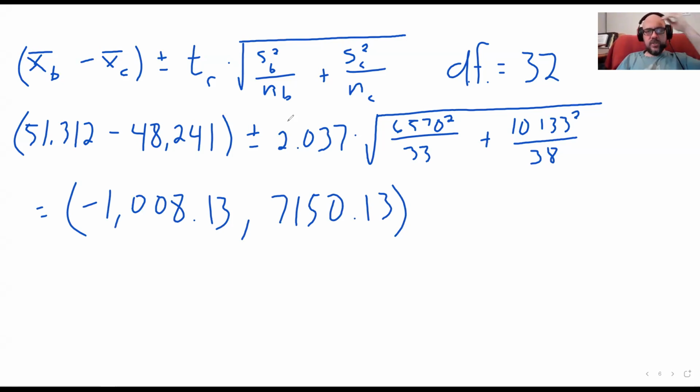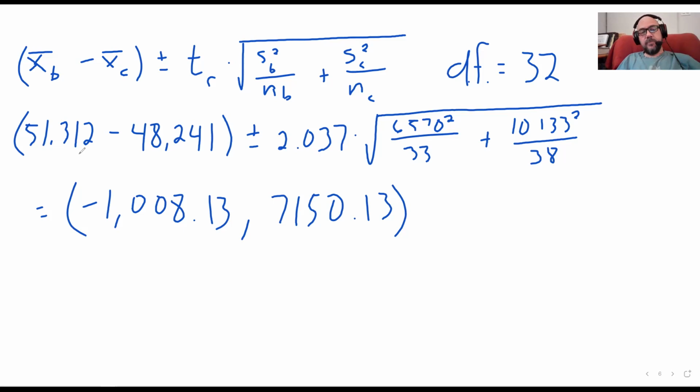Okay, so as we can see, this is a very wide range, and it's a very wide range because we don't have a very big sample. 30 people from each major is just not enough information to give us a very precise confidence interval. We've got like an $8,000 range here for the difference between the two.